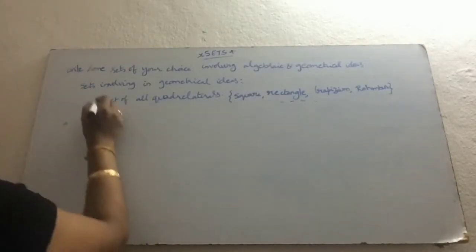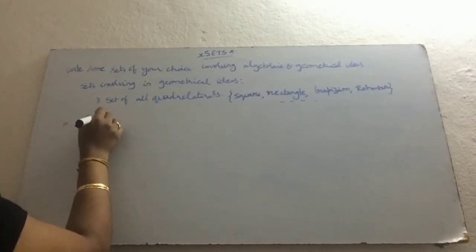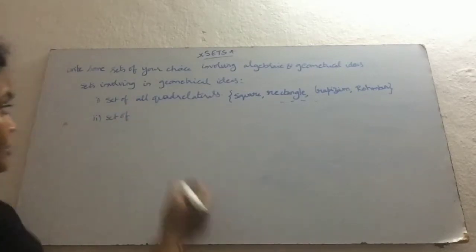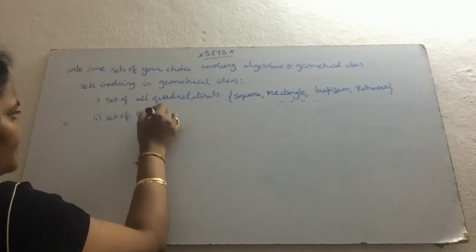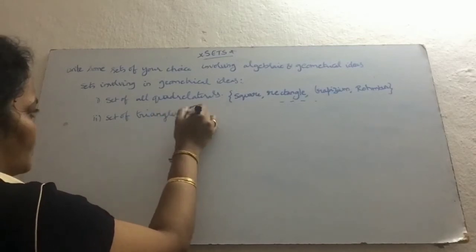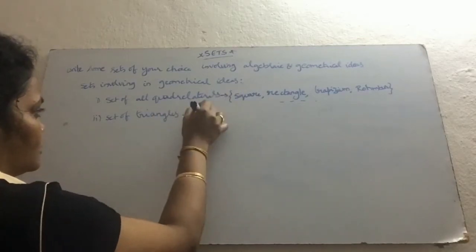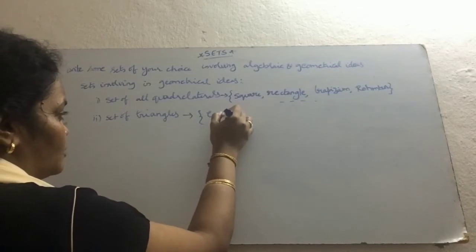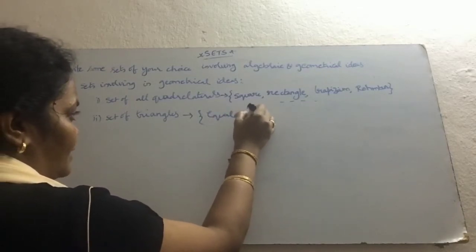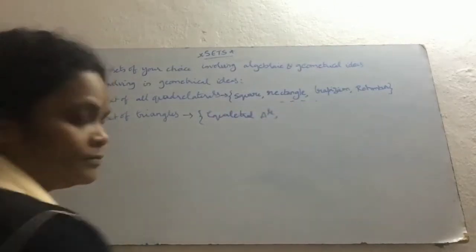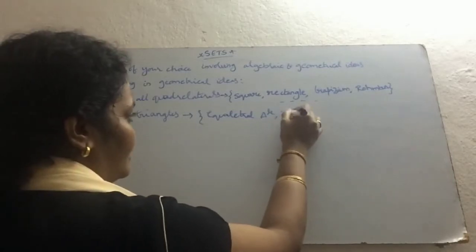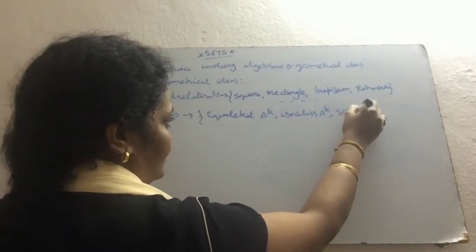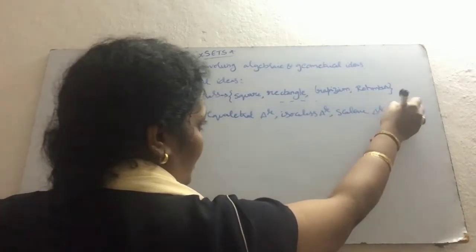And one more example, set of triangles. What are those? Equilateral triangle, isosceles triangle, scalene triangle and so on, like that.